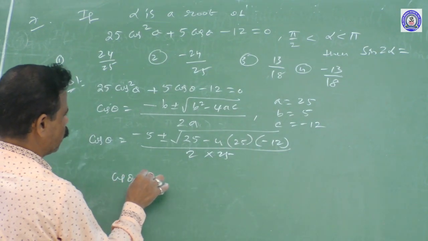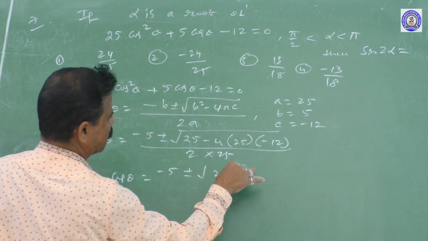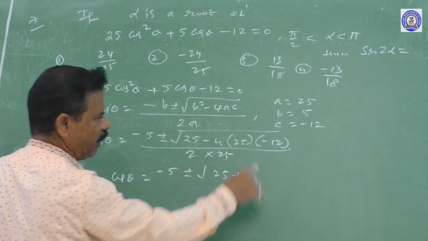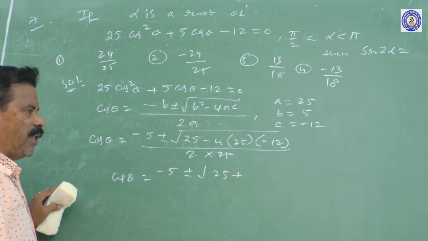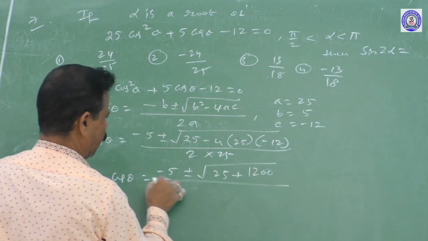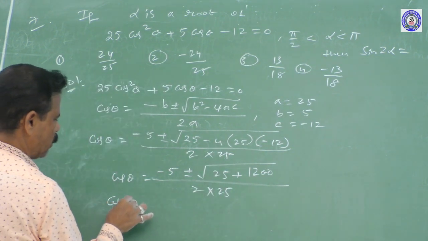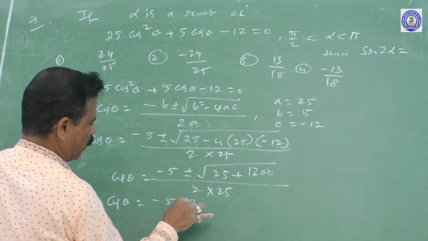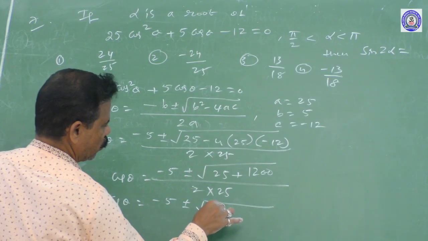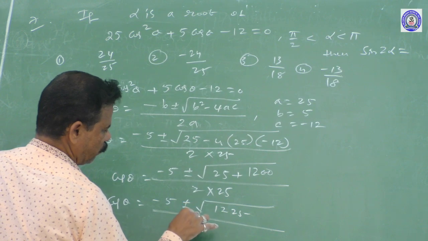So cos theta is equal to minus 5 plus or minus square root of 25 plus 4 into 25, 100, 100 into 12, 1200, by 2 into 25. So cos theta is equal to minus 5 plus or minus 35 by 50.